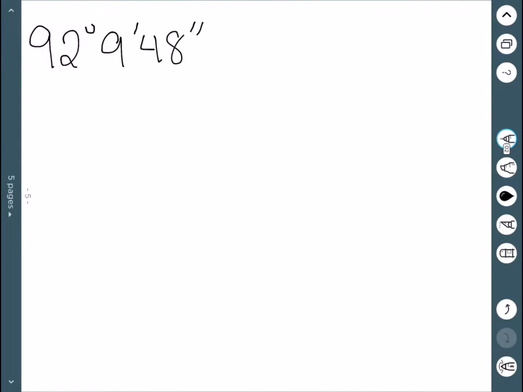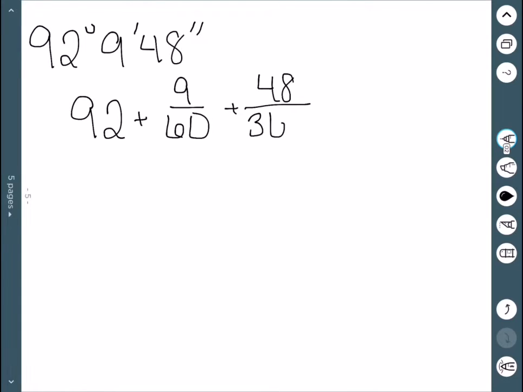This is how an angle is represented. This says 92 degrees, 9 minutes, and 48 seconds. And we're going to convert this to a decimal. The degree is given to us already. A minute is 1 out of 60 degrees. And a second, we would have to divide by the 3600 since we want to convert to degrees.